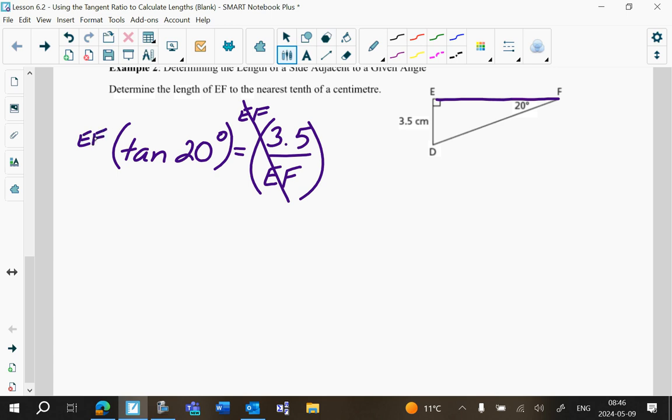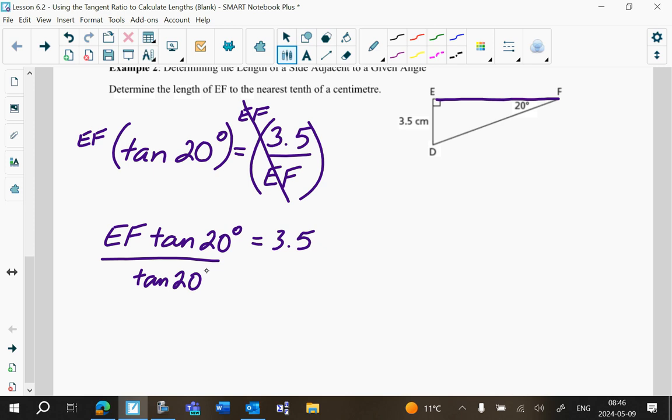So now I am left with EF times the tan of 20 degrees equals 3.5. Haven't quite got EF by itself yet. There's a times tan 20. How do I get rid of that? Divide by tan 20. Which means I got to do the same thing to the other side: divide by tan 20 degrees.